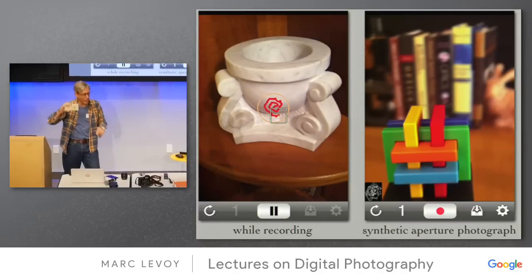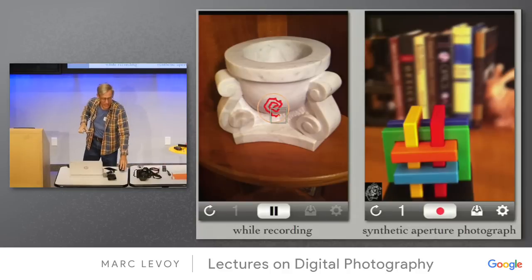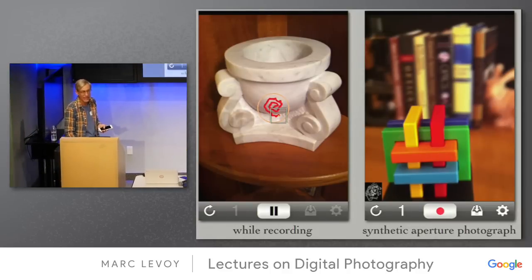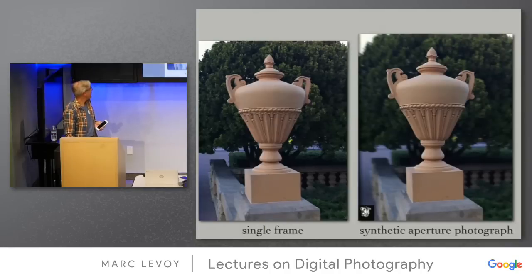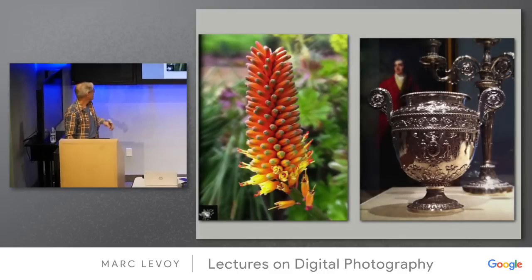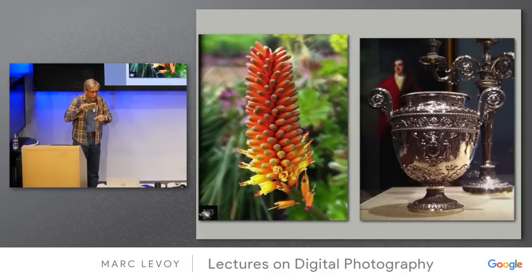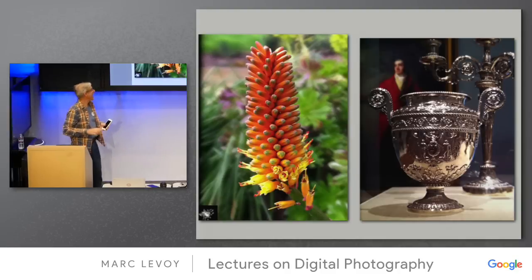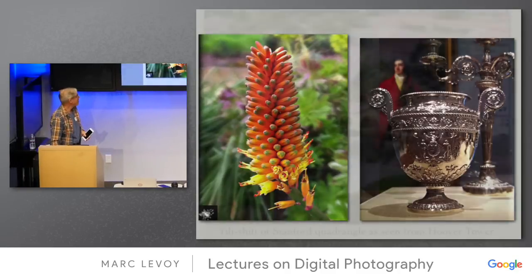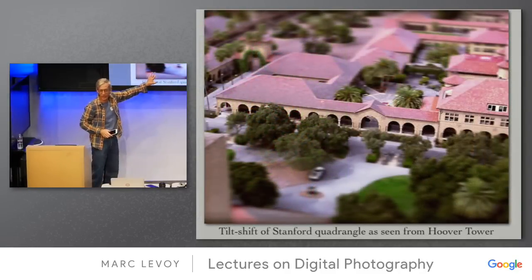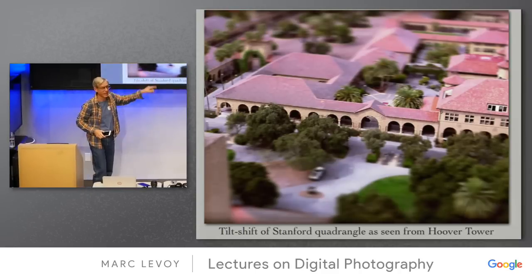So I could sweep out what might be the size of a 50mm aperture and produce an image like you see on the right, just by aligning and averaging images. And so I can get a single frame or synthetic aperture photograph. This is actually the trace of all the images where I was for every image that I added together. And by tilting it in a variety of ways, you can do these weird tilt shift photographs. So we'll talk about tilt shift in a couple of weeks.